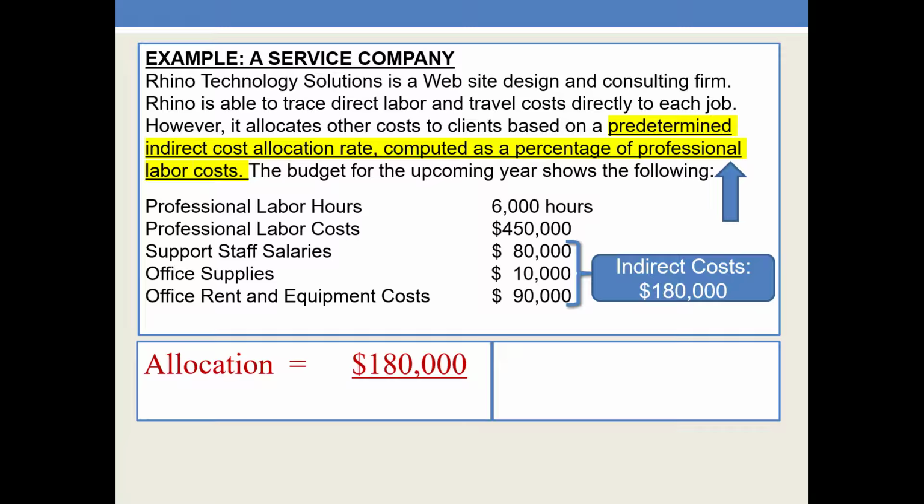So $180,000 of indirect cost is expected, and we're going to divide by the $450,000 of professional labor cost to get an allocation rate of 40 cents per labor dollar. So for every professional labor dollar worked, we incur 40 cents of indirect costs.